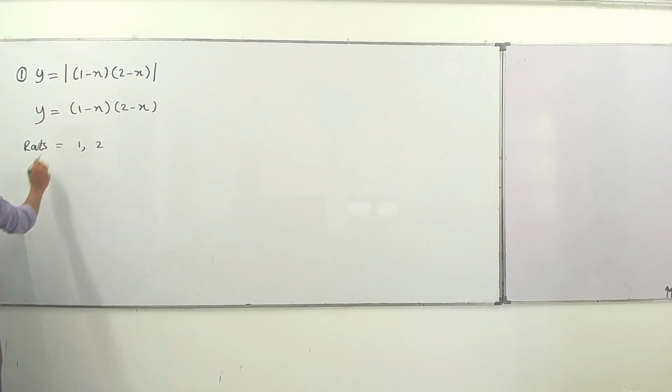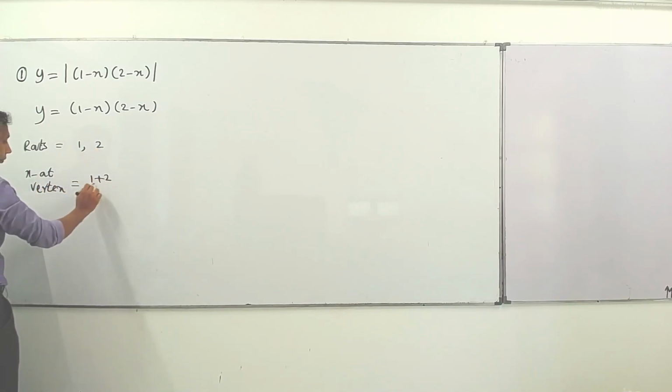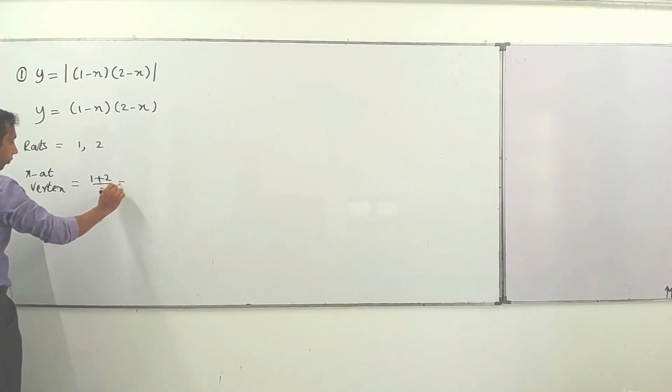Right, minimum graph, x at vertex. We can find it by adding these two roots and dividing by 2. We get 3 by 2.